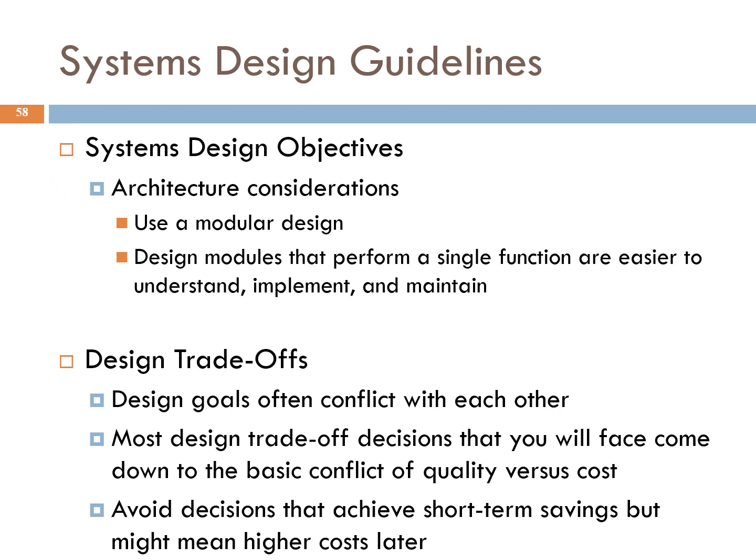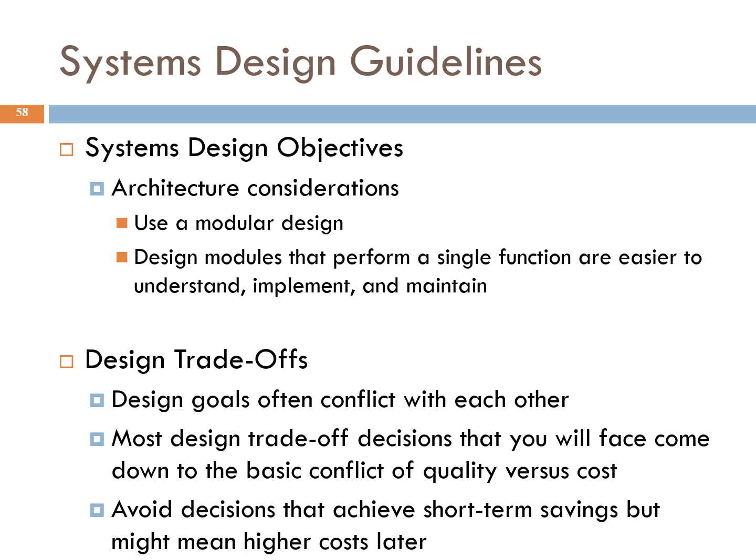System design objective, architecture consideration: use a modular design. Modules that perform a single function are easier to understand, implement, and maintain. Design trade-off: design goals often conflict with each other, so most design trade-off decisions that you will face come down to the basic conflict of quality versus cost.